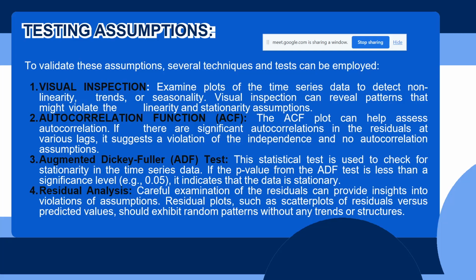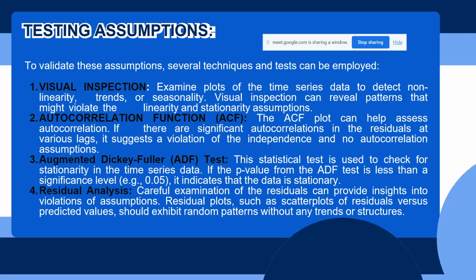Plots help identify patterns that might violate linearity. Non-linear trends or seasonality may suggest a need for additional model consideration. When you're plotting your monthly sales, if there's a clear upward or downward trend or repeating patterns indicating seasonality, it suggests non-linearity or seasonality in the data, possibly violating the assumptions.